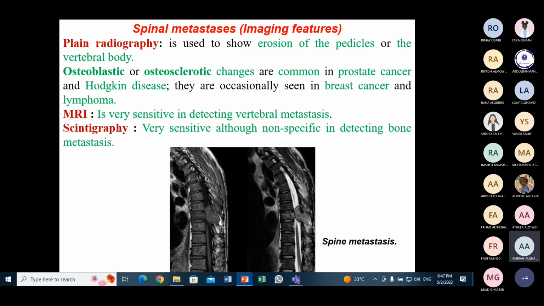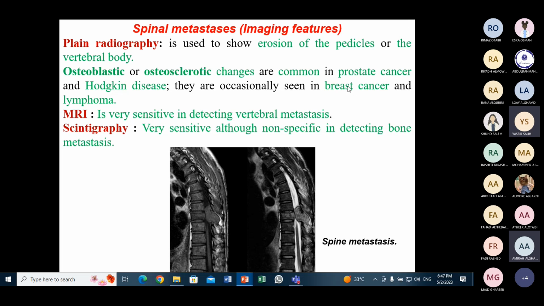Now, regarding metastasis, as you saw in the last lecture, osteoblastic or osteosclerotic mean the same. When we say osteoblastic or osteosclerotic changes, this means the vertebral body becomes very dense, and it can be due to prostate, Hodgkin lymphoma or breast cancer.